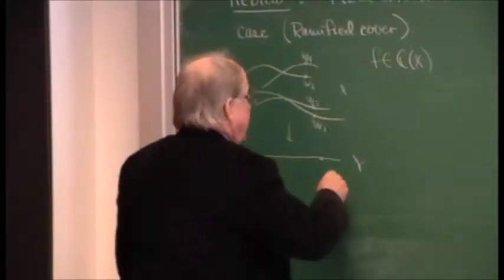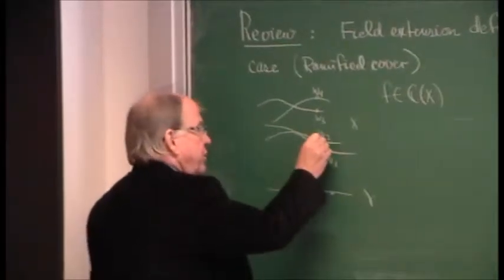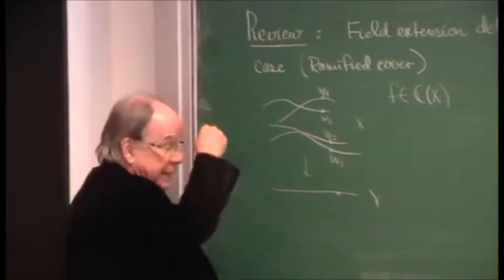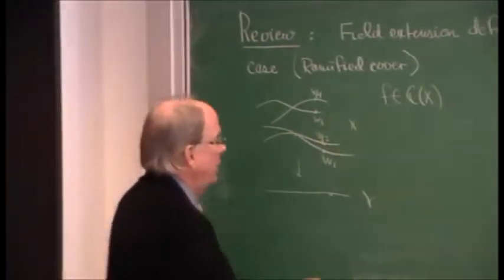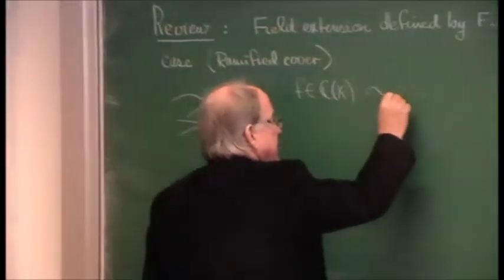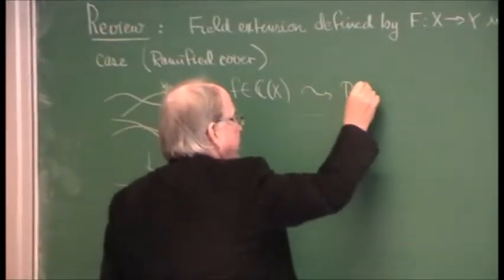Of course, it doesn't make sense to talk about the first value, second value, third value, there's no such thing. They're just 4 different values, so what you associate to this is a polynomial in one variable.